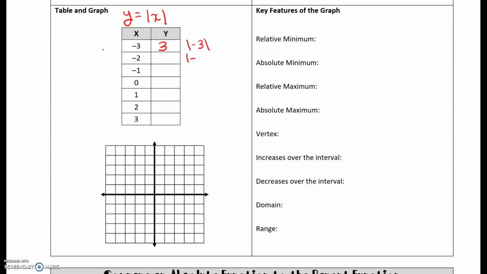And then I'm going to go down through here all the way, and then I am going to evaluate the absolute value of all of these numbers. So here I'm going to get a +2, here a +1, here a 0. Absolute value of 1 is 1. Now notice something just happened.